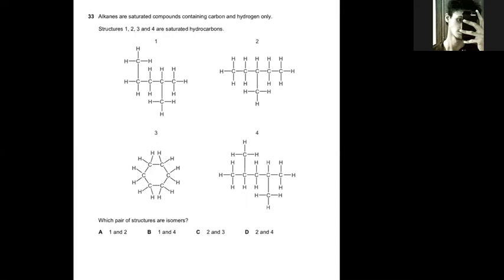The first chain has 6 carbon atoms, second has 6, fourth has 7, and third has 6. Third is a cyclohexane, so it cannot be the correct option. 1 and 2 will be isomers of each other. So A is the correct option.